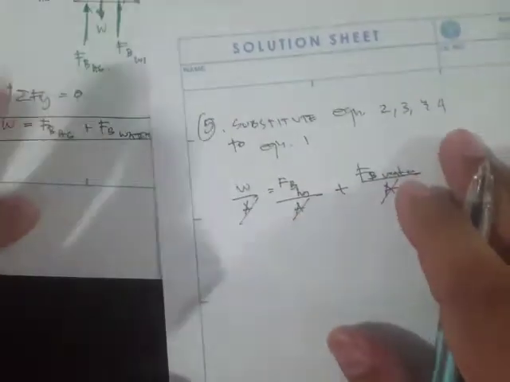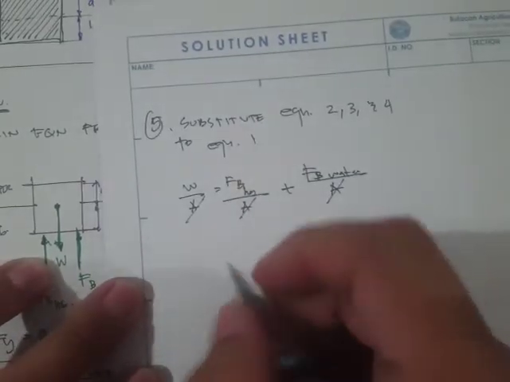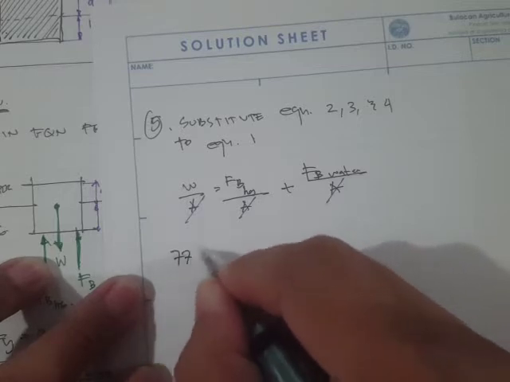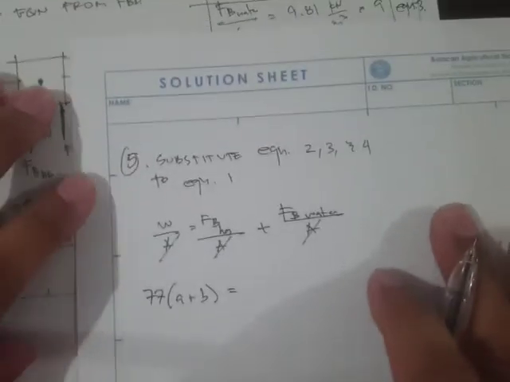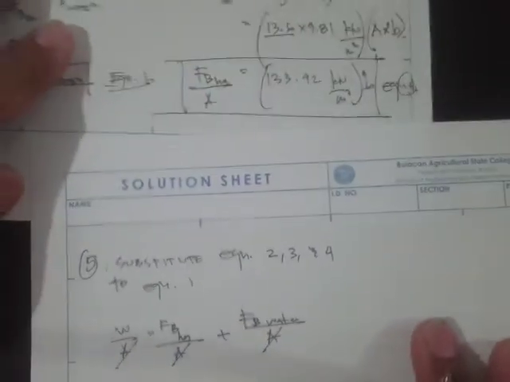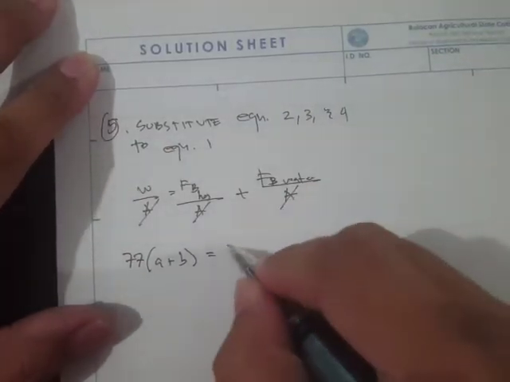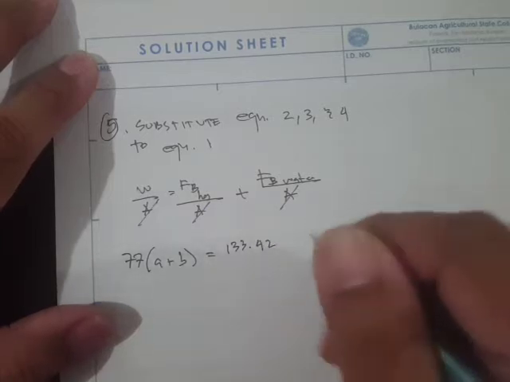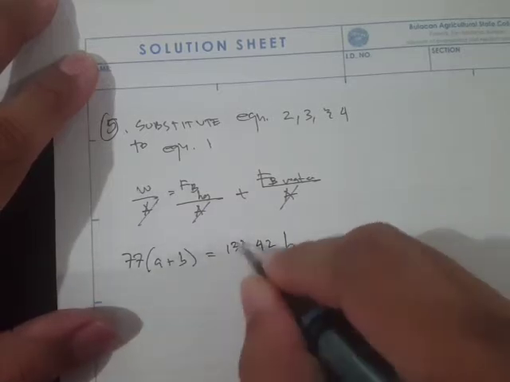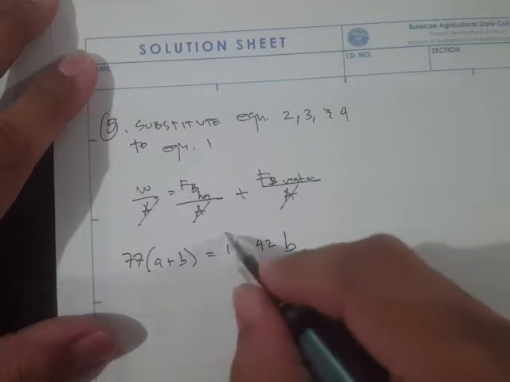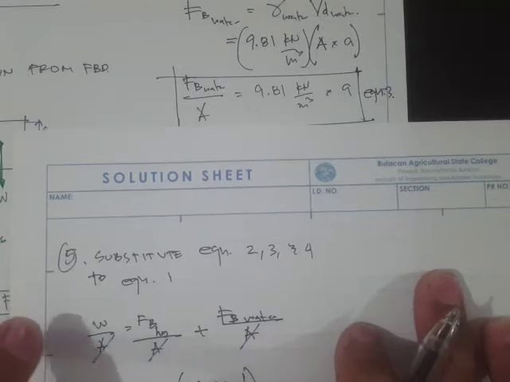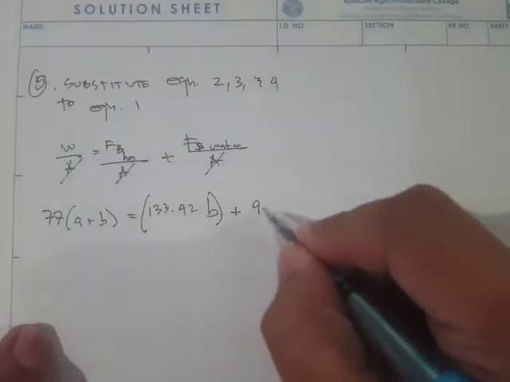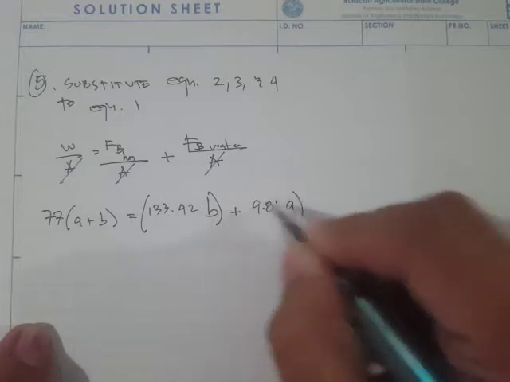So the weight is 77 A plus B is equal to the buoyant force by the mercury, which is 133.42 B, right? And then plus this one, 9.81 times A.